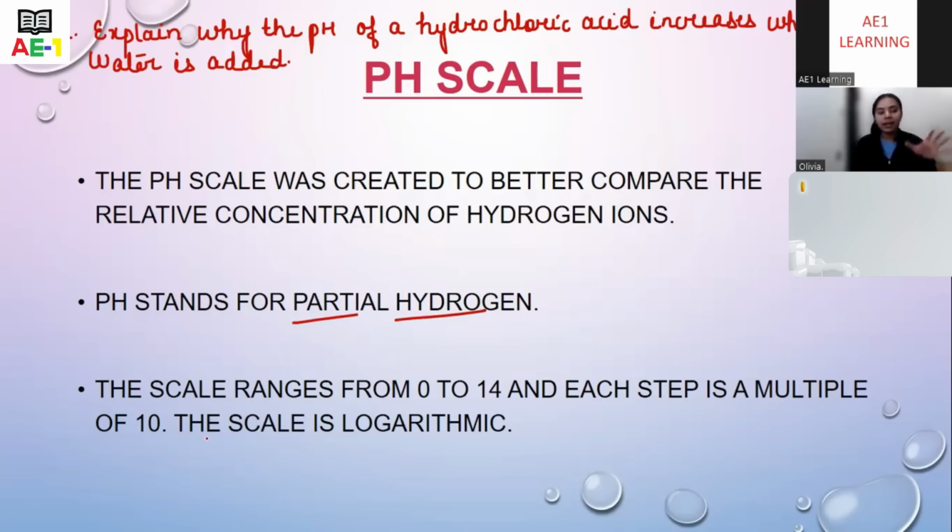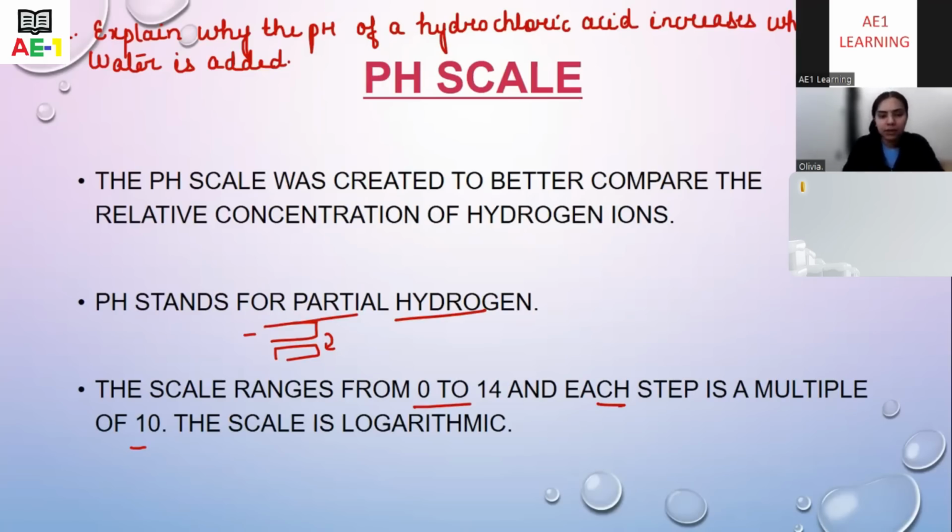It's basically a kind of scale, and I'm going to represent how it looks. It ranges from 0 to 14, and each step is a multiple of 10. It means if you have one step, the next one is going to be 10 times more. So each step is a multiple of 10.